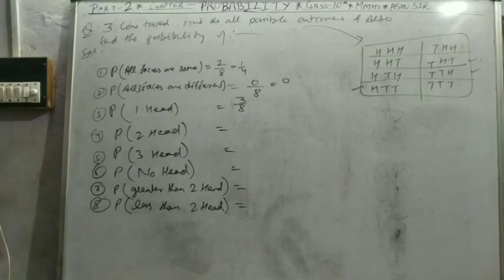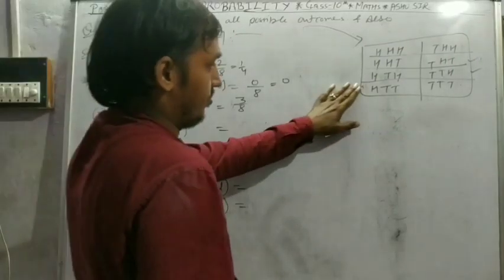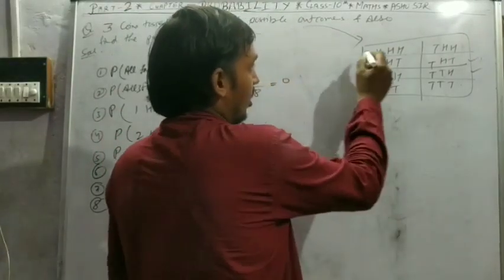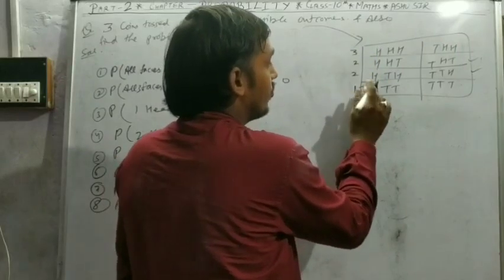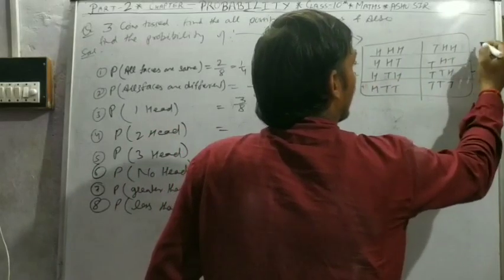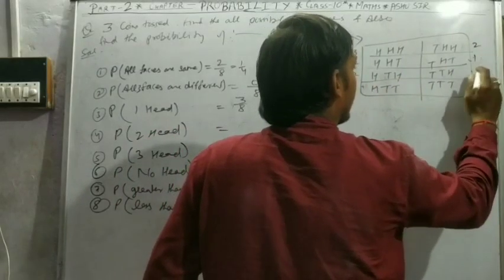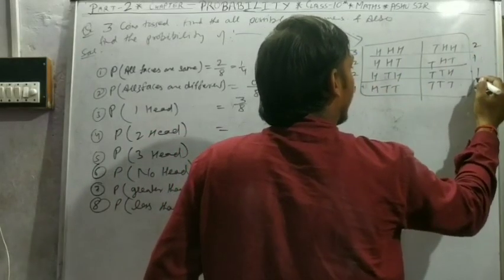So if we talk about the heads, first we write the number of heads. Here 3 heads, 2 heads, 2 heads, 1 head, 2 heads, 1 head, 1 head, 0 heads.